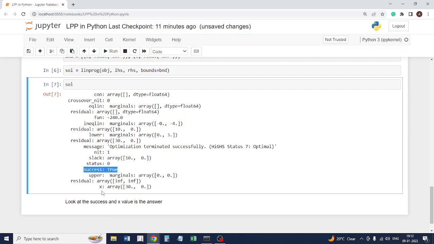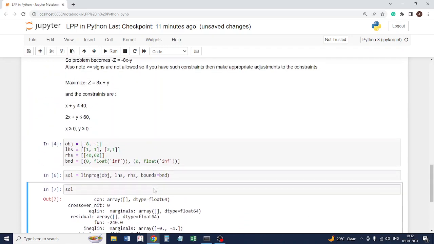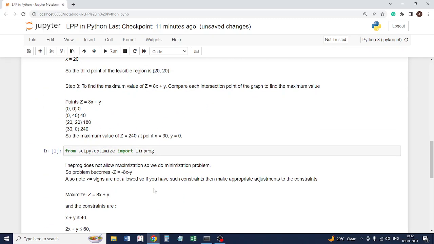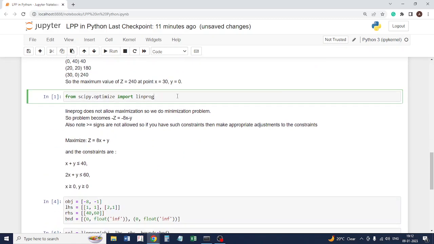But if success is true, then this is your answer. So x is 30 comma 0. At this point, we have your maximum output.